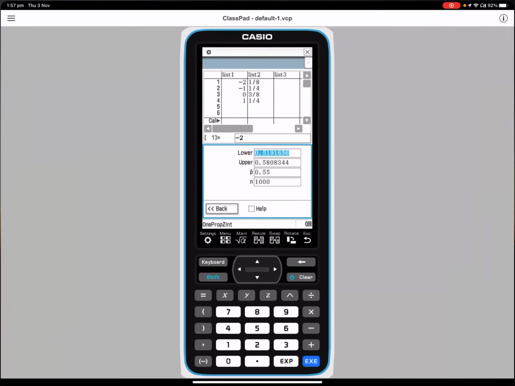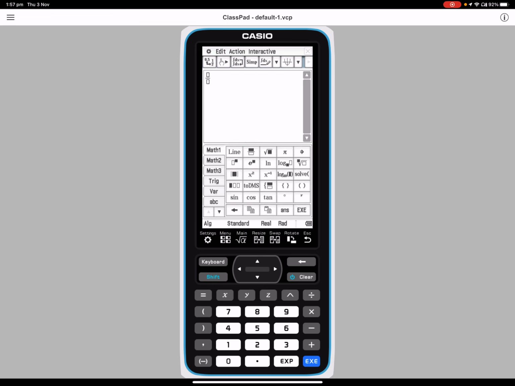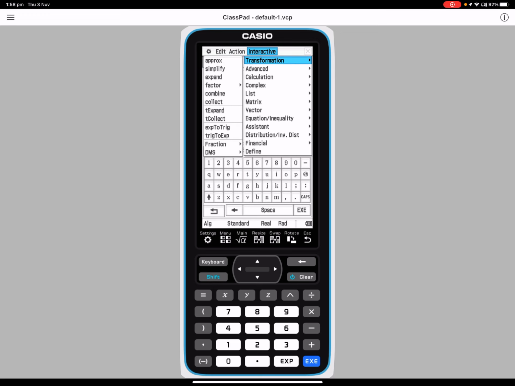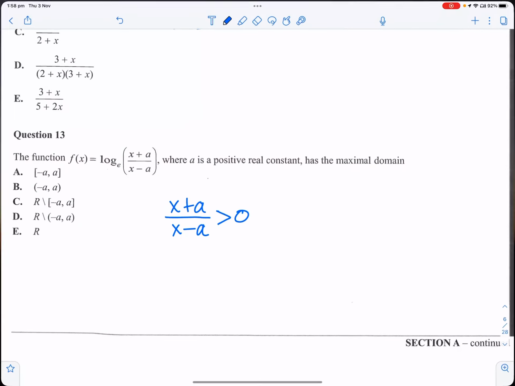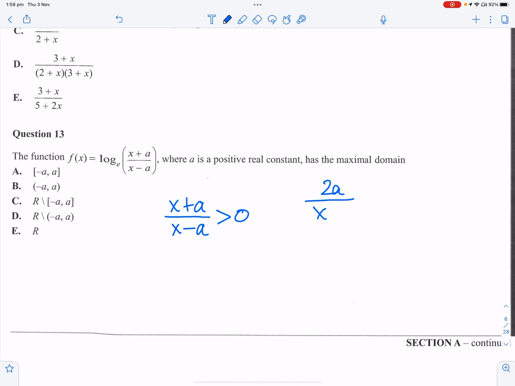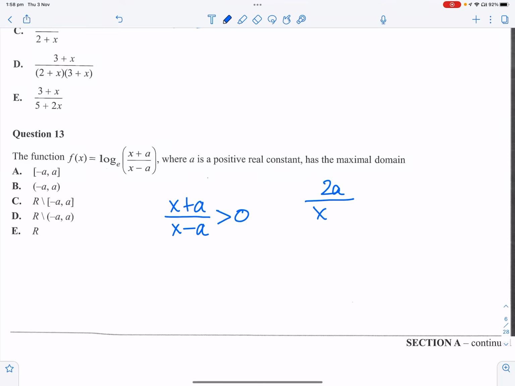If we use long division, x plus a over x minus a, transformation, partial fraction, 2a over x minus a, plus 1.